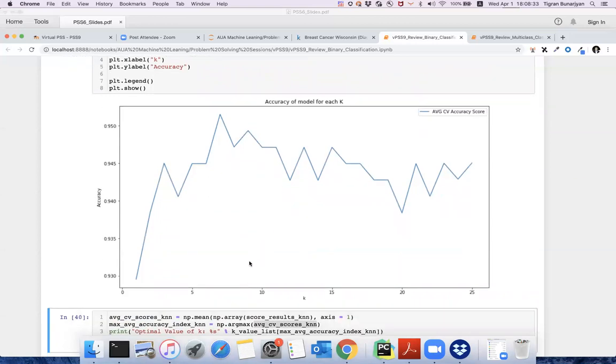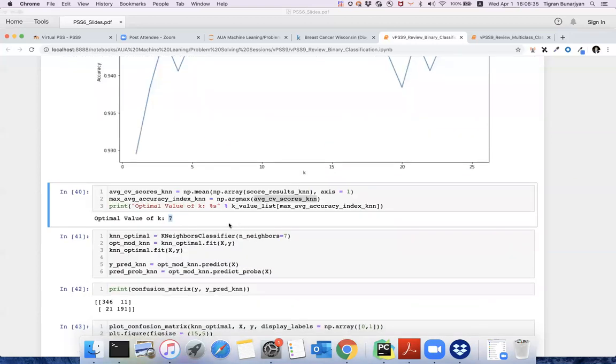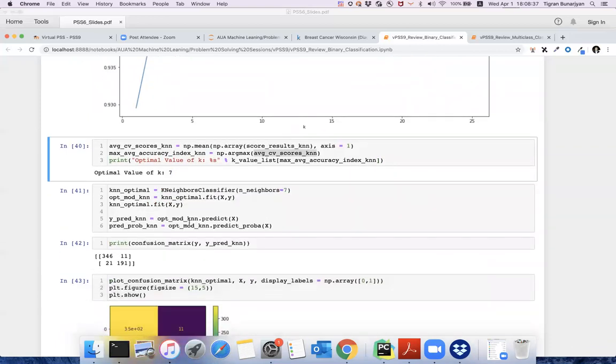So 7 is the optimal value of k, which corresponds to the highest average accuracy score. So that's why we build an optimal KNN model, using 7 as an input parameter to n_neighbors.